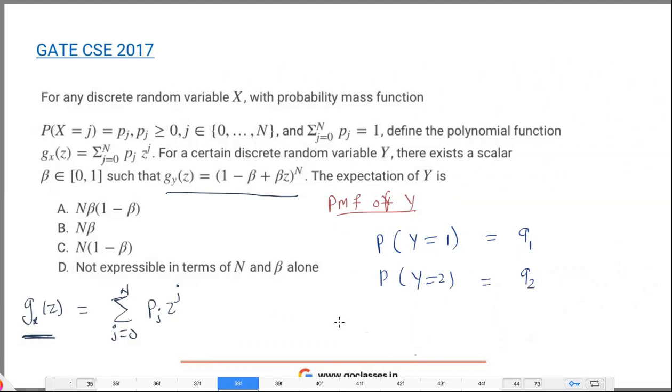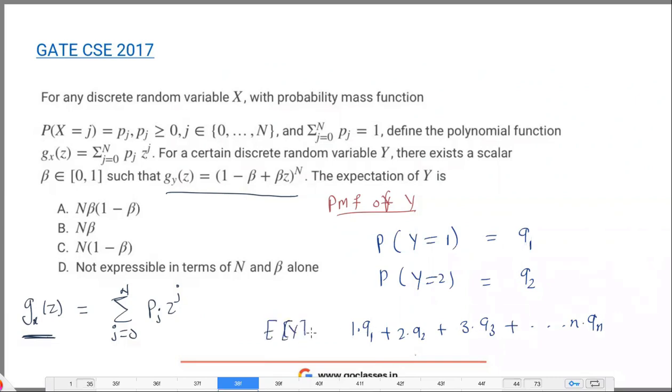Now can you find the expectation? I think this is easy. All you need to do is 1 into q1 plus 2 into q2 plus 3 into q3, like that, up to n into qn. So this is basically the expectation of y.